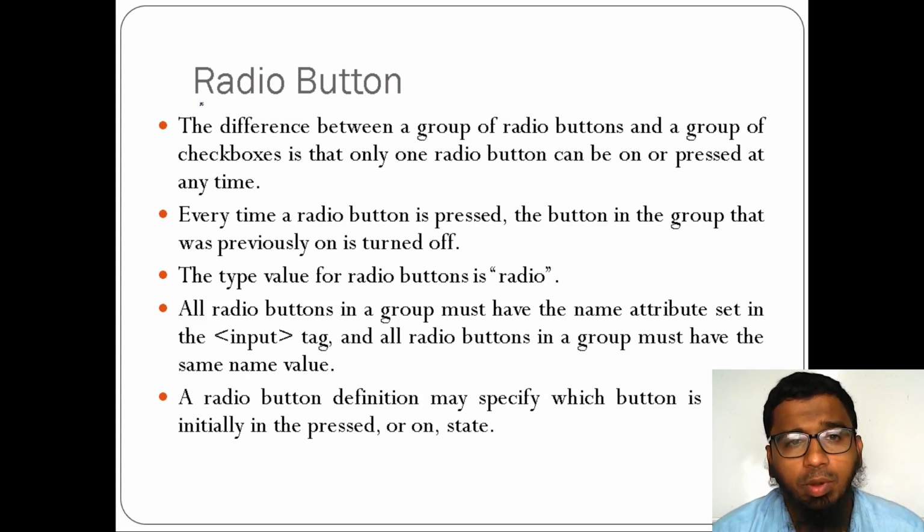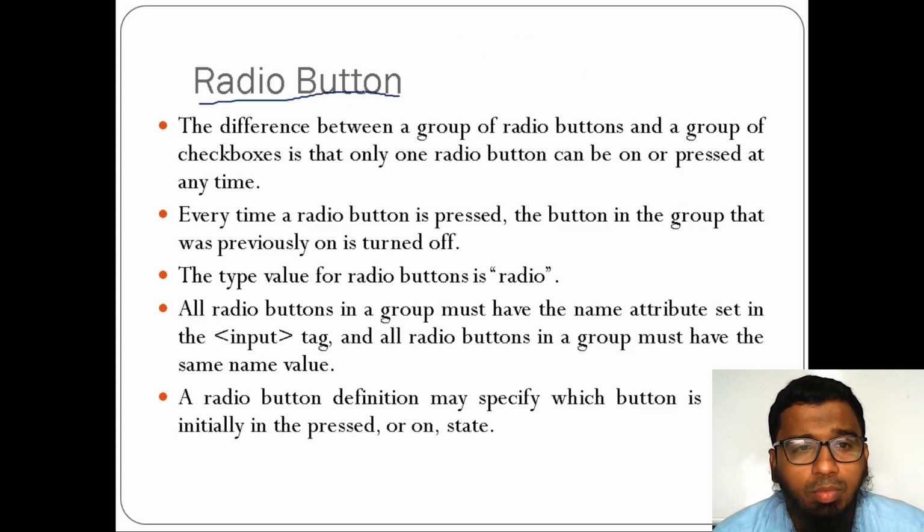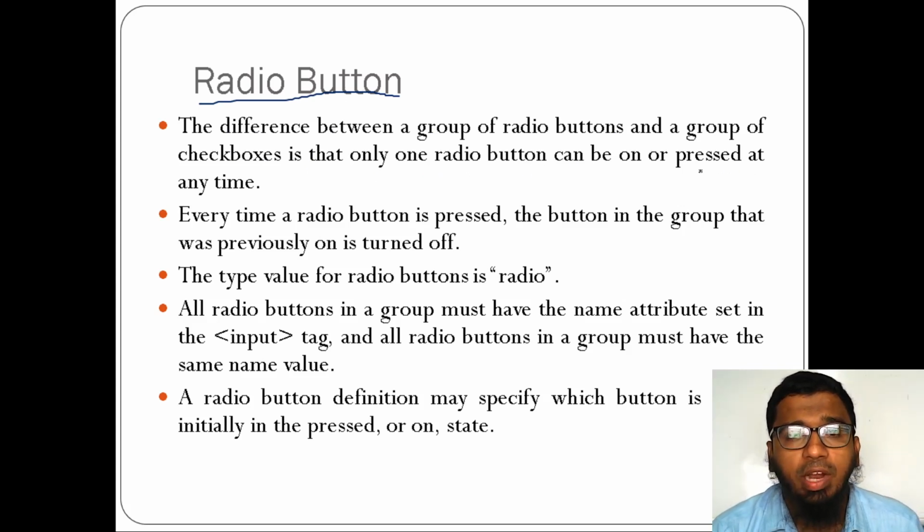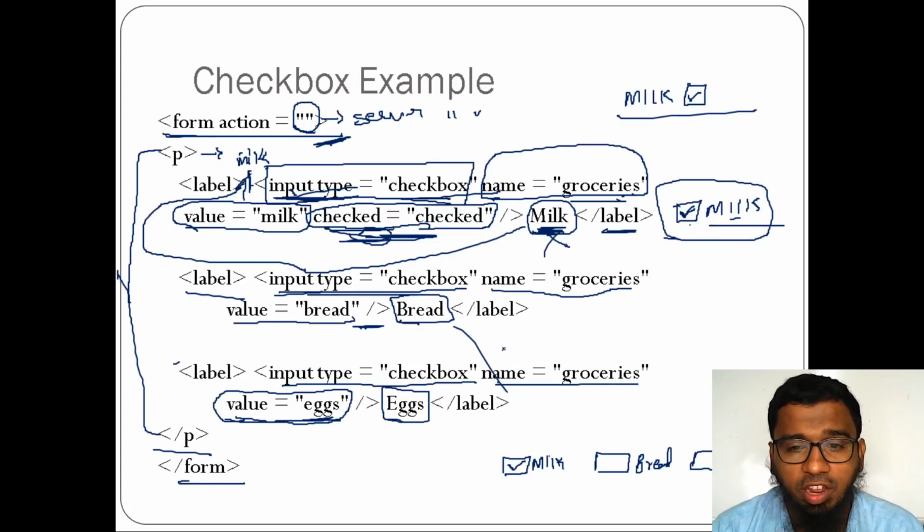Okay. What is a radio button? Radio button is used to select any one from the given group. See, the difference between a group of radio buttons and a group of checkboxes is that only one radio button can be on or pressed at any time. Example, in the checkbox, can you see here, if I want this, I can also check.